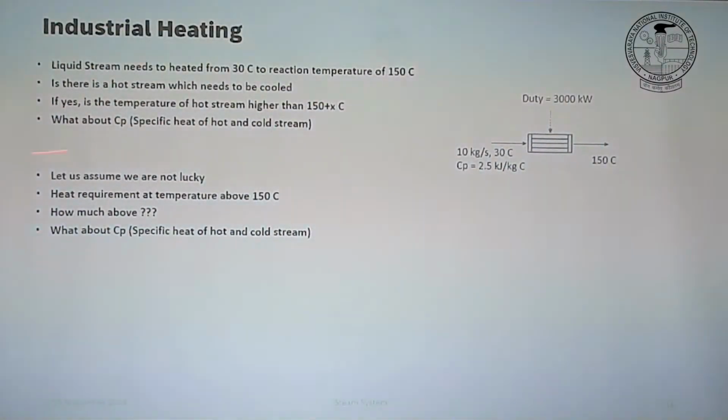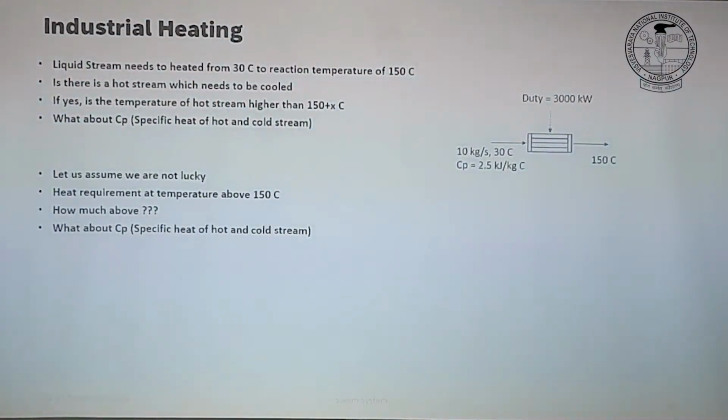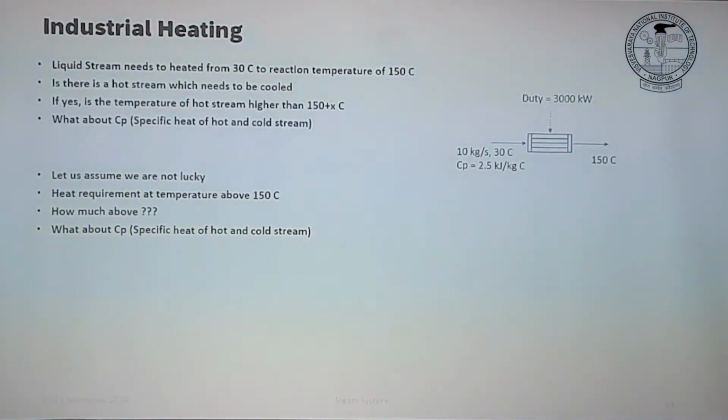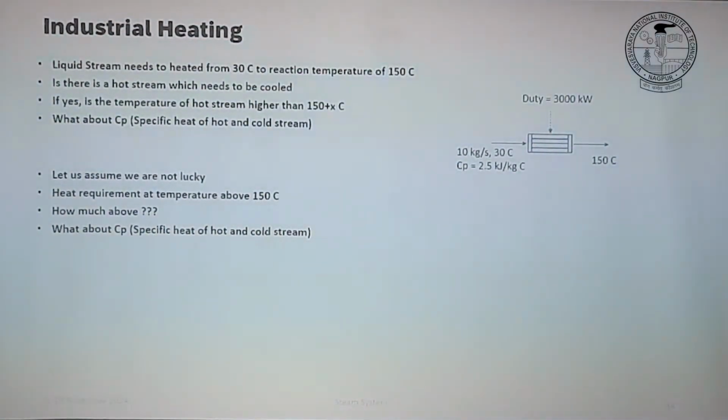So this delta T we already talked about. We already know that heat flows from high temperature to low temperature. But you cannot have heat transfer from 29.01 degrees to 29 degrees. You need a certain temperature difference. The significance is that delta T is the driving force for heat transfer, like concentration difference for mass transfer.